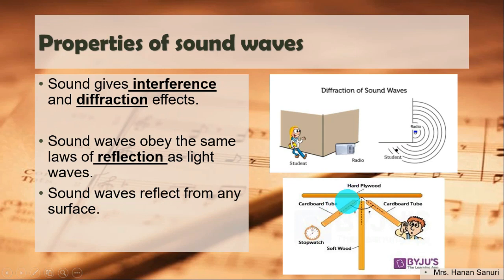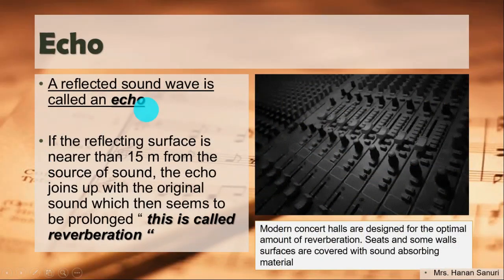They reflect and they obey the same law of reflection as light. A reflected sound wave is called an echo. So echo is the name for any reflected sound wave.